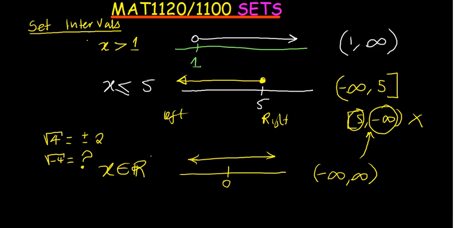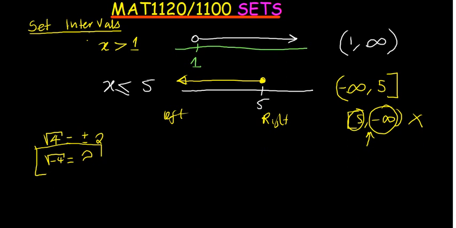You can't have a square root of a negative number. This is a topic that we are going to do after sets: how to find the square root of negative 4, square root of negative 1, square root of negative 25, and that one is a must in the exam at any university in Zambia.